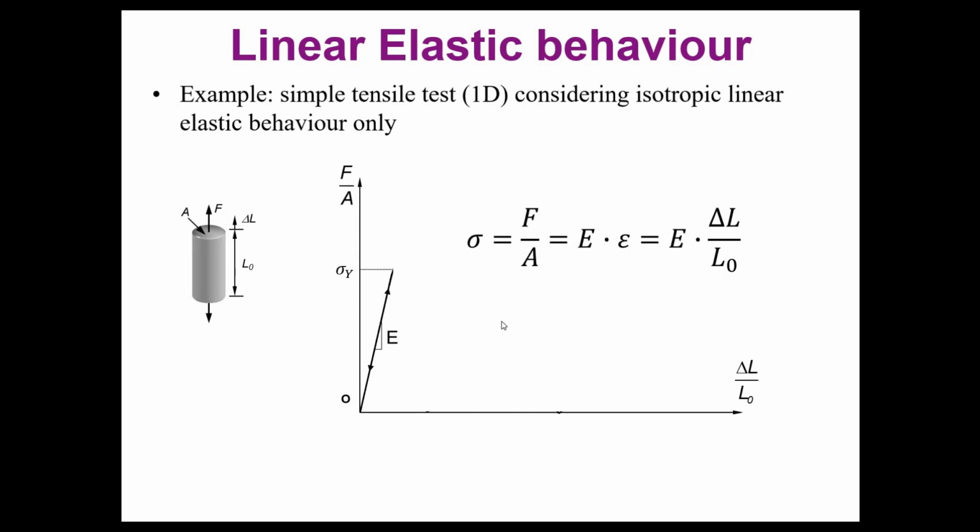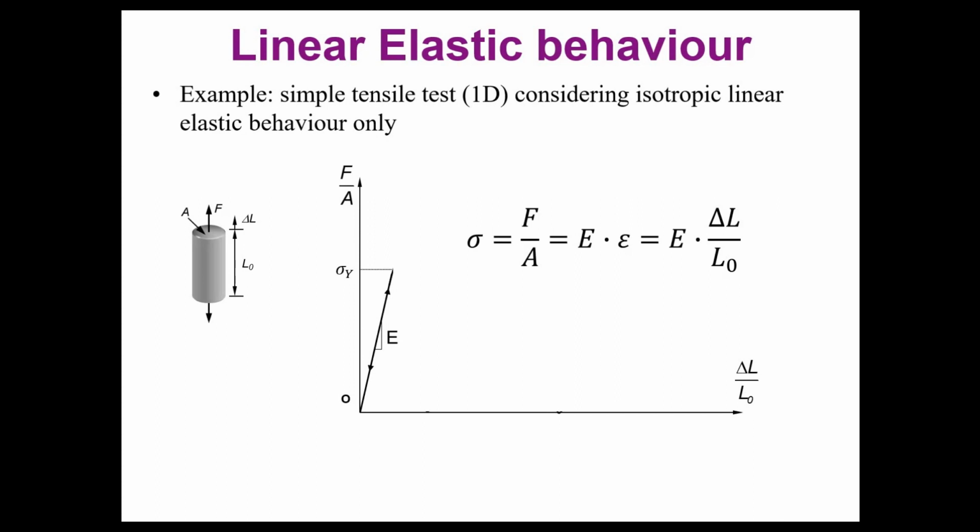It's a very simple model because the relation between the stresses, which are the forces divided by the areas, and the strain, which is the increment in deformation over the initial size of the bar, as is defined here, is just an equation that has to describe this linear relationship.